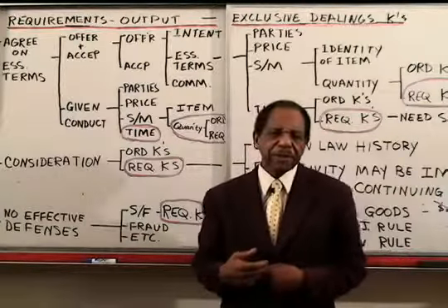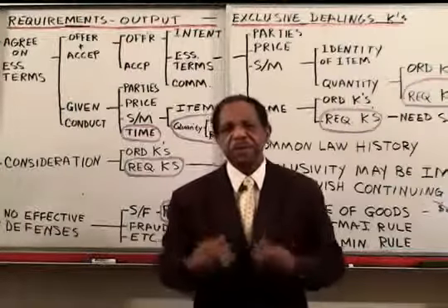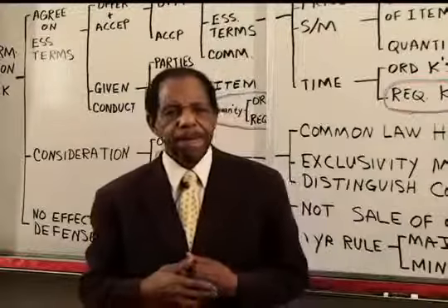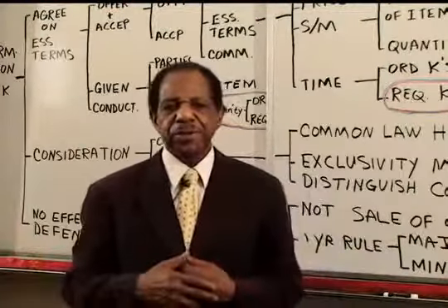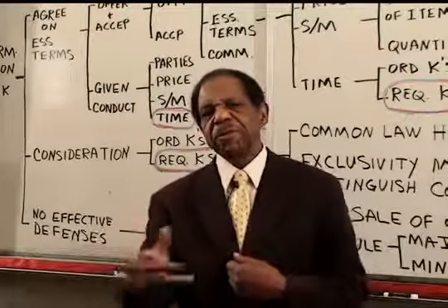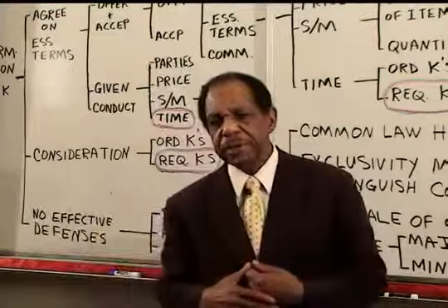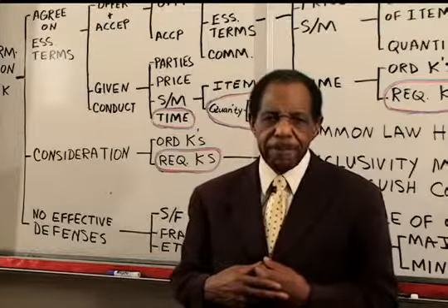Now, an output contract is similar but a little bit different. In the output contract, let's suppose that I am a farmer and I grow tomatoes. And you are a tomato canning company and you've got an operation nearby. Well, you might very well go out to all the farmers who grow tomatoes in that area and say to each farmer, I will buy your entire output if you will sell exclusively to me.